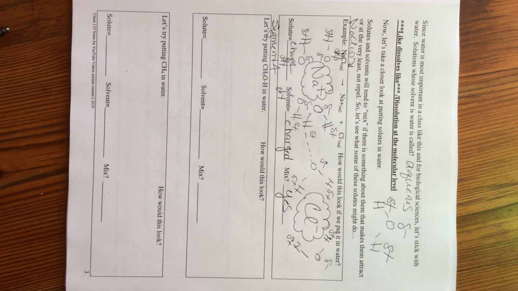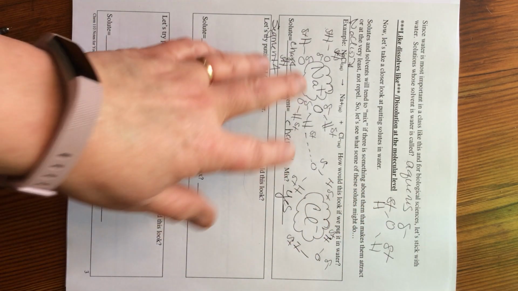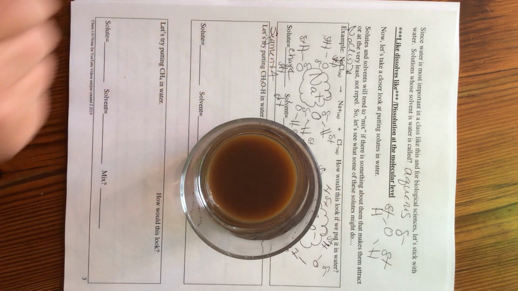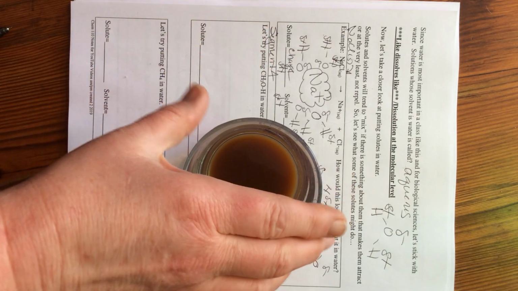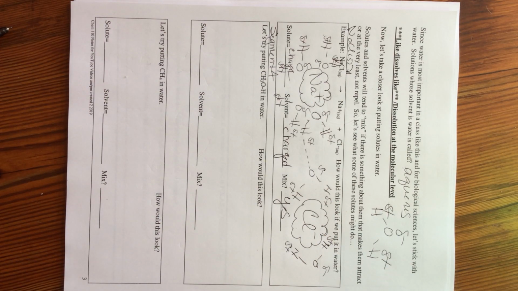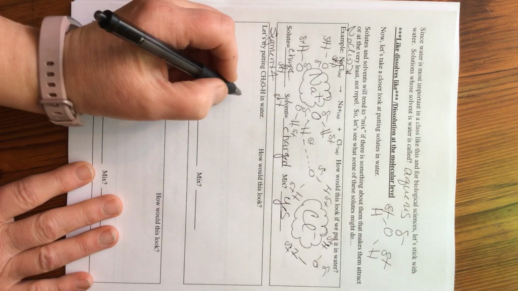Well, what happens when we have something that's not an ionic solid, something that we don't know what it is, in liquid form? What happens when we put that in water? We have to ask ourselves, will there be attractions?